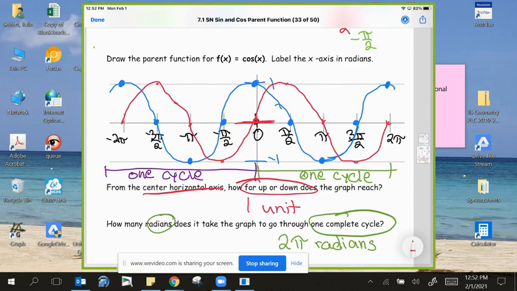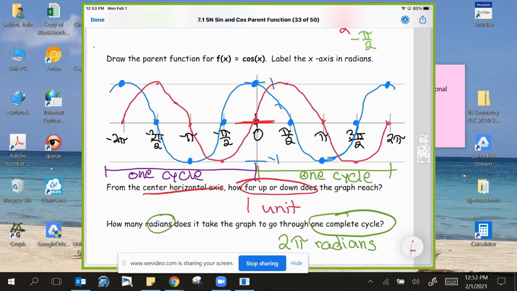What do you think is the biggest difference between those two graphs? Starting point. Yes, starting point is key.